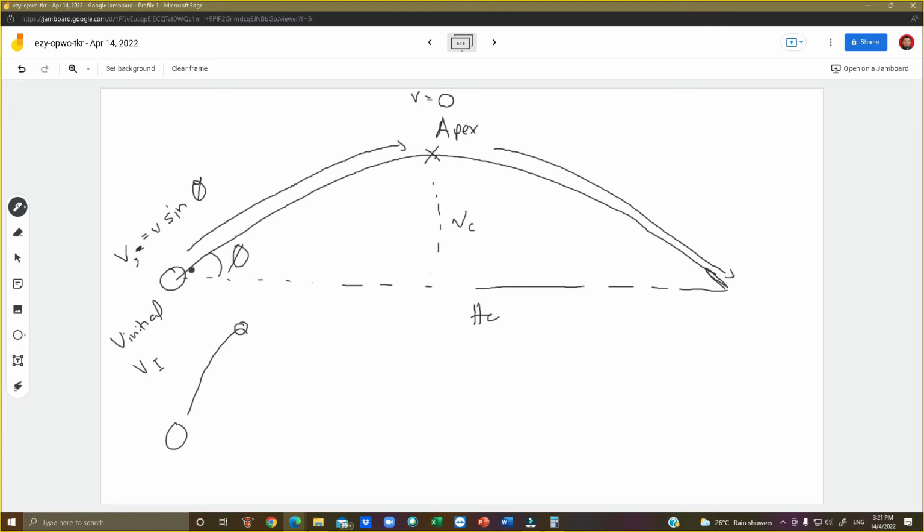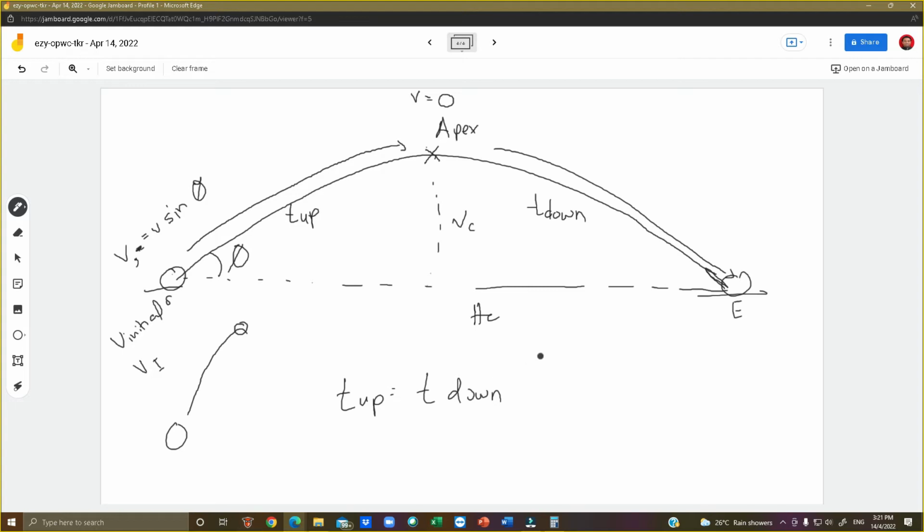And then, if we have this kind of projection where it starts and ends at the same level, the time taken for the object to reach the apex, which we call T up, is always equal to the time taken for the object to travel from the apex down, which we call T down. This is the concept.